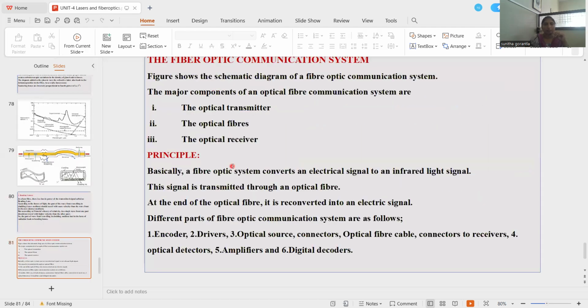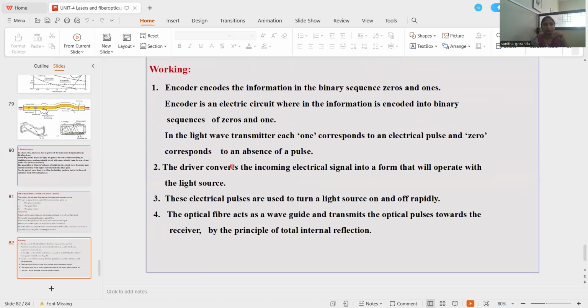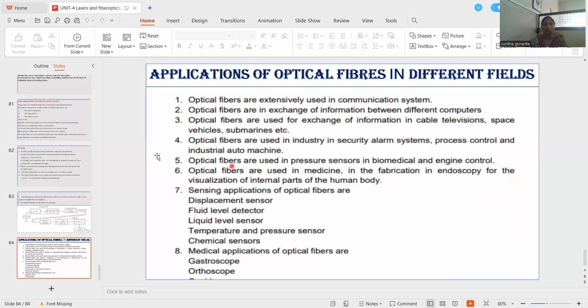Now see the applications of optical fibers in different fields. Optical fibers are extensively used in communication systems, for exchange of information between different computers, and in cables, cable televisions, space vehicles, and submarines. They are used in industry in security alarm systems, process control, and industrial automation. They are also used in pressure sensors in biomedical and engine control.